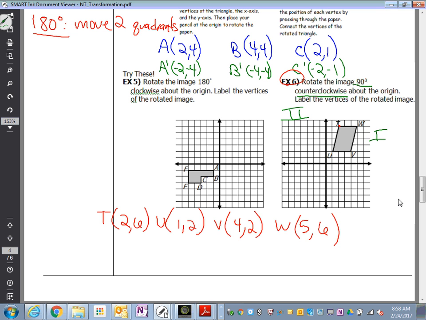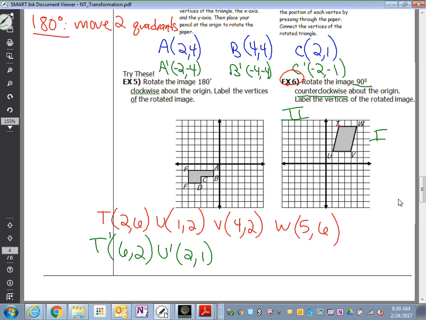Here's what you're going to do. You got to switch the x and y coordinates. So T prime would now be 6 and 2. U prime would now be 2 and 1, and we'll put the signs with them at the end.